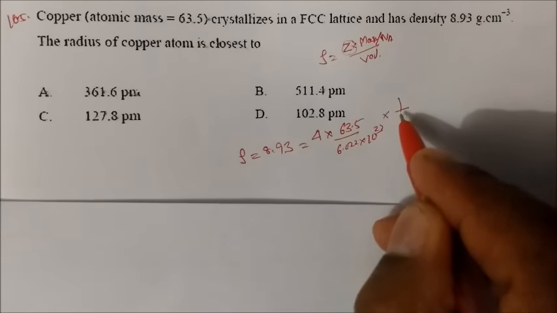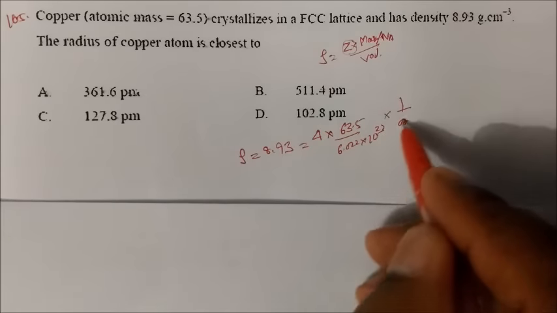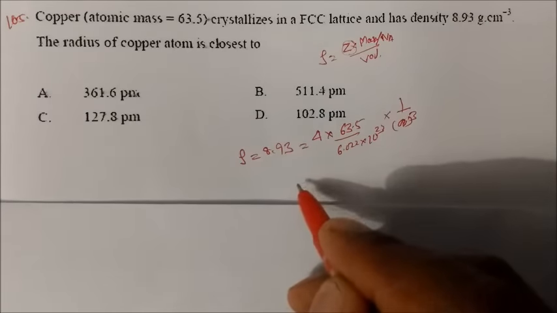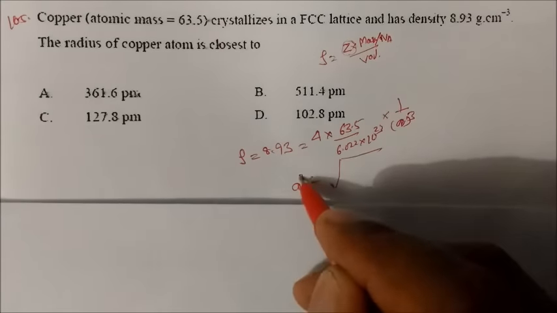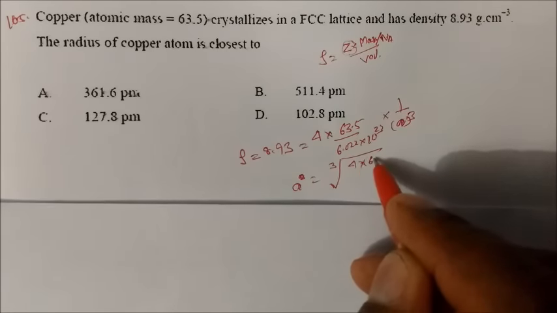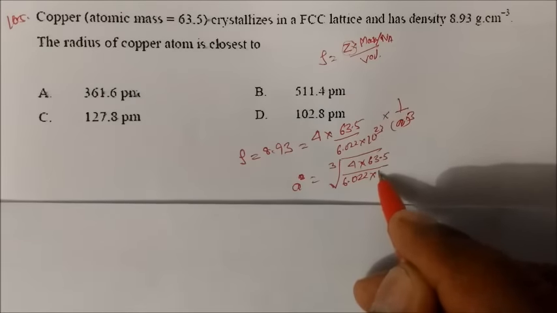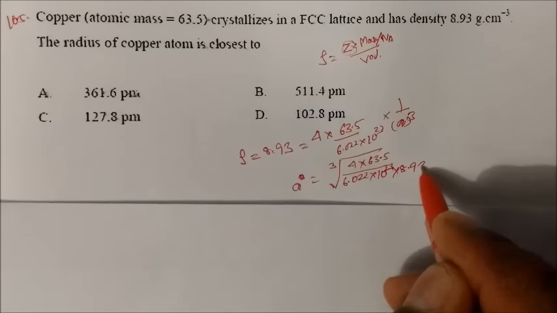And what is the volume of the unit cell? We don't know it, so here a is the edge length of the whole FCC cube. On solving, a cube is 4 multiplied by 63.5, divided by 6.022 into 10 to the power 23 multiplied by 8.93.